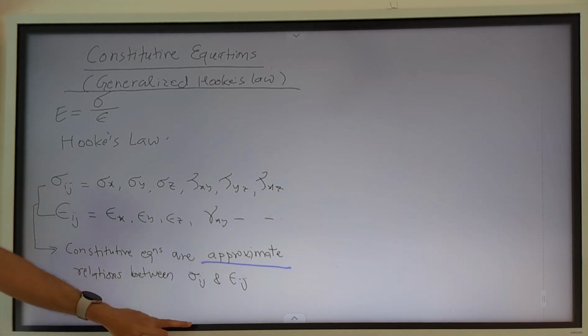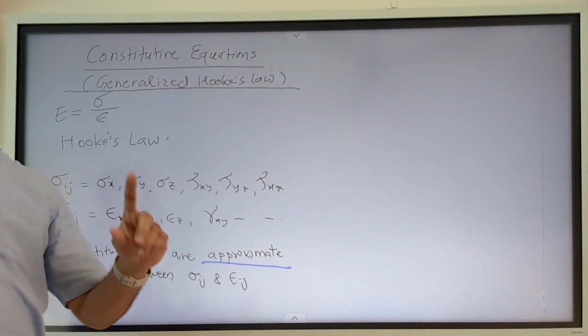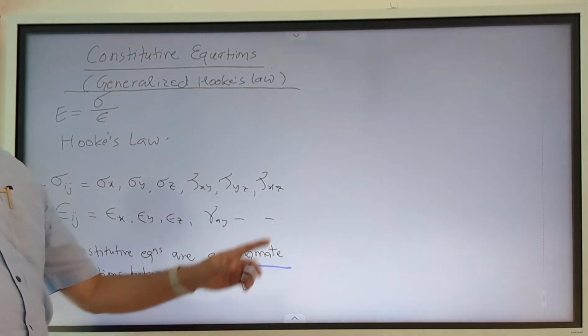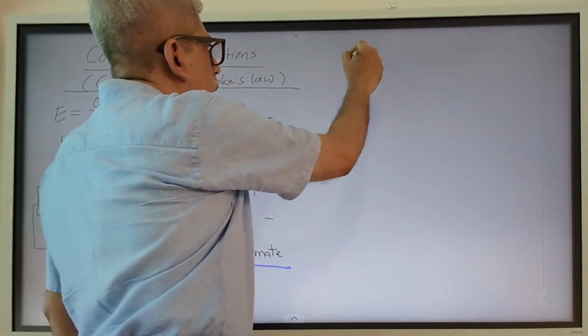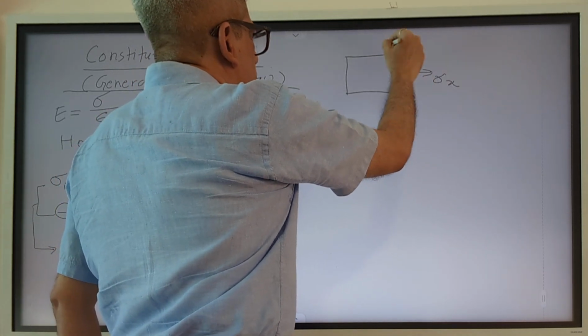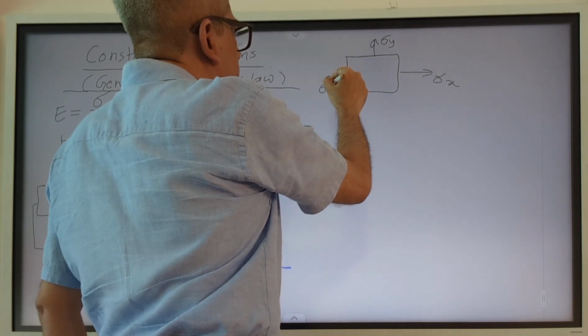Now, we already know some kind of relationship between stress and strain. You have considered in your strength of material class a particular body subjected to stress sigma x and sigma y.